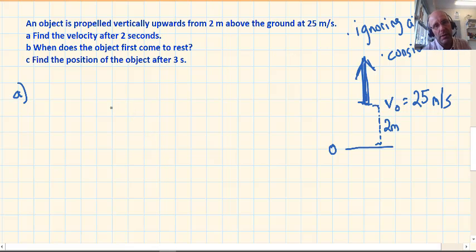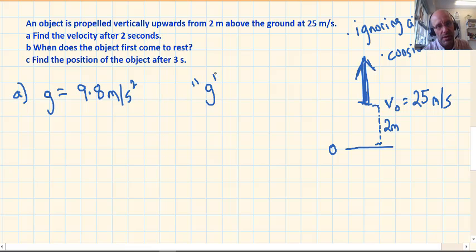So that 25 will get less and less, but what makes it become less? The acceleration due to gravity. Now that's going to be considered a negative. So g is 9.8 meters per second squared. Well, that's the approximated version.